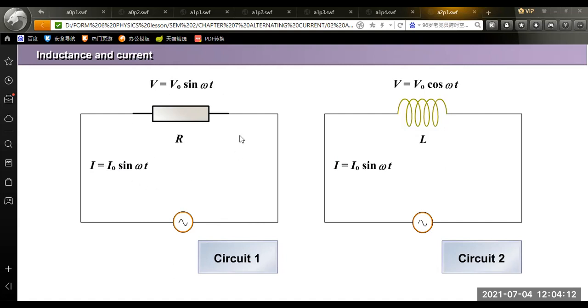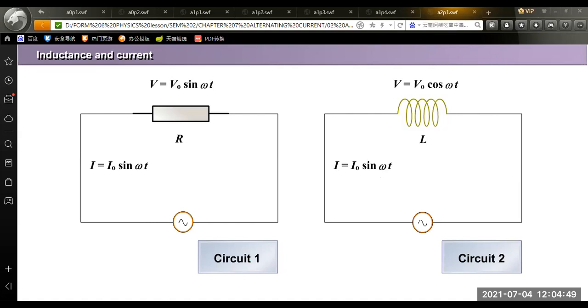For the solenoid, the voltage leads the current in the inductor. So the voltage leads the current by pi over 2, or the current lags the voltage with a phase difference of pi over 2.